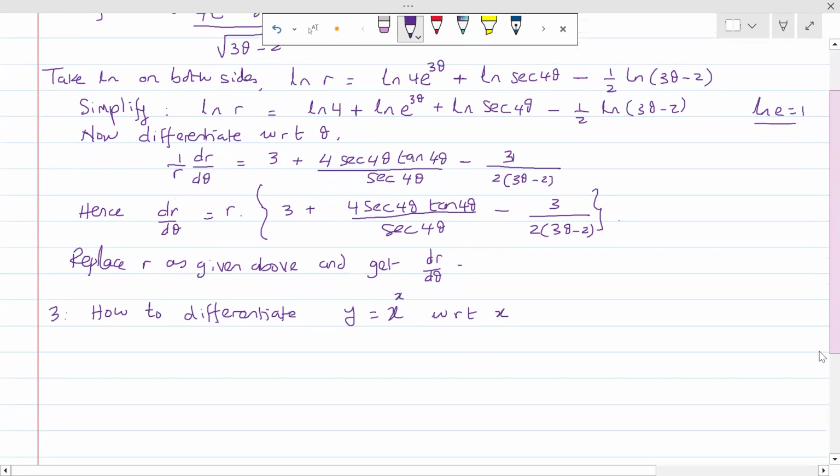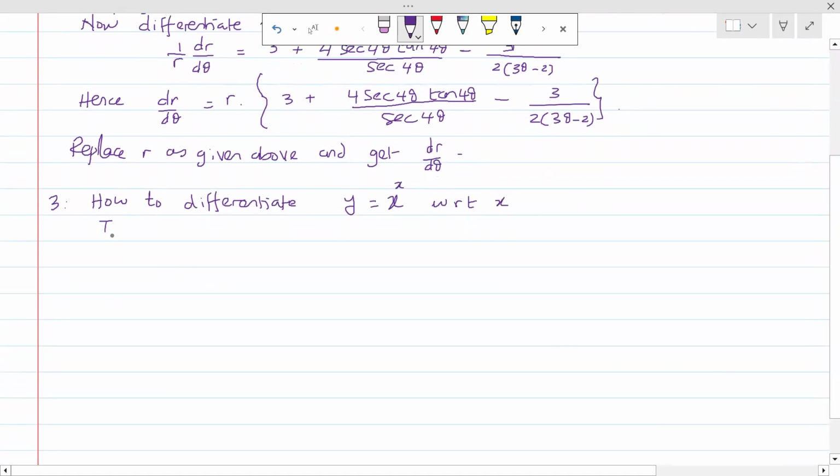So again, we use this principle of taking ln on both sides. So you are going to have ln y become ln x^x. And this is nothing but x ln x. Now you see we have a product here.